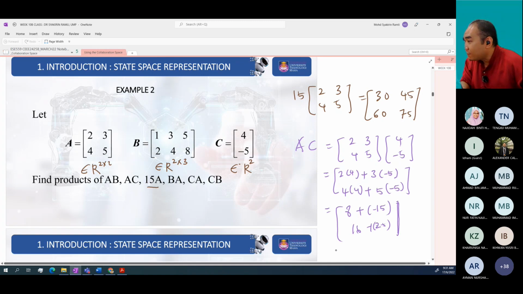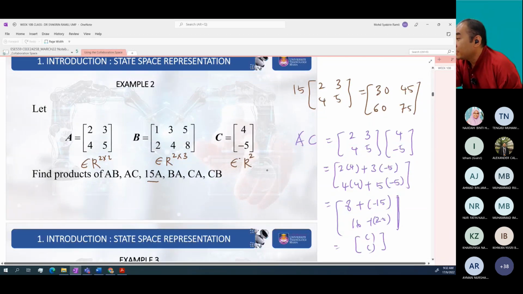You have to write until your final answer. Do not leave it like the plus that I did here. So you got this is going to be some value here and this is going to be another value here. Right. Always I tell my students, only I am allowed to use this kind of answer. Maksudnya janganlah kamu buat jawapan macam ni.